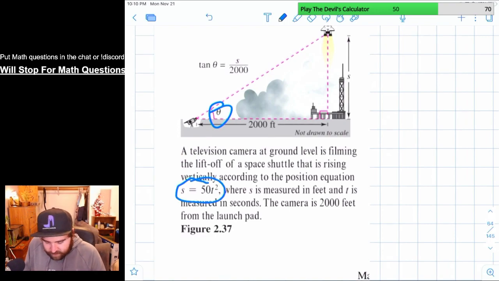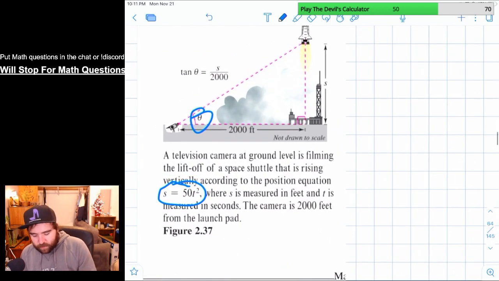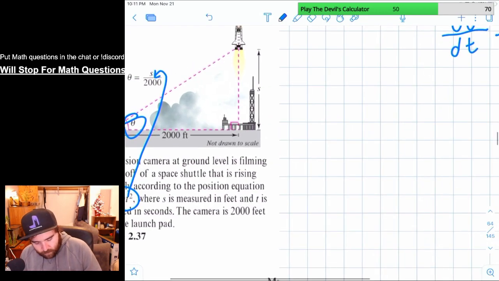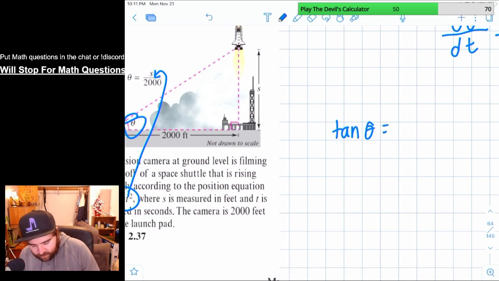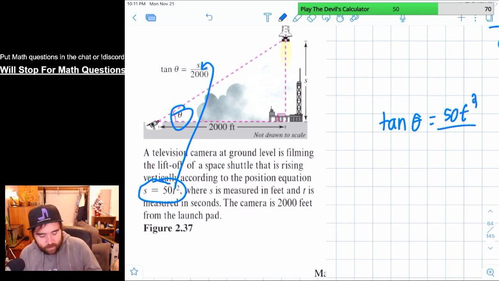S equals 50t squared. Oh, that's interesting. So maybe we do this differently. We just want to do this substitution right at the beginning, because then if we're taking the derivative with respect to t, we won't even have to do our dt's over there. Because it'll be dt over dt, and just like the dx over dx, that's just going to cancel.